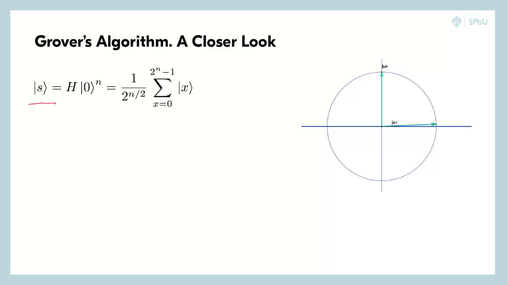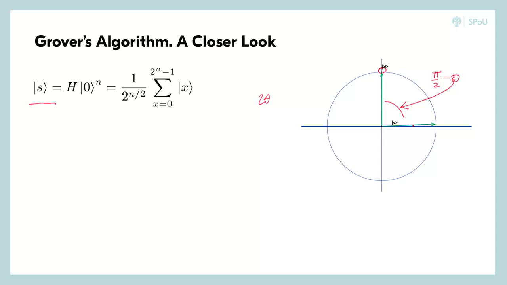Well, as we observed in the last lecture, Grover's iteration moves us towards the desired state omega by a very particular angle theta, where theta is this angle, which is pi divided by 2 minus the angle between S and omega.